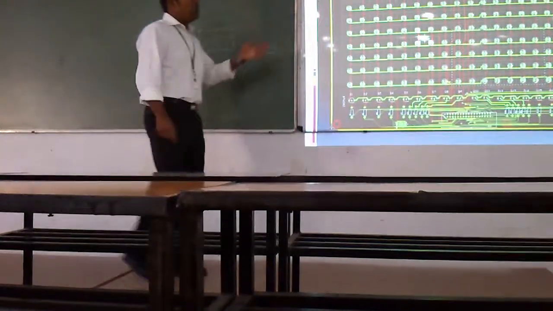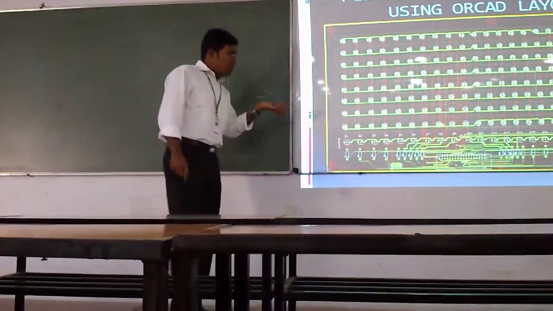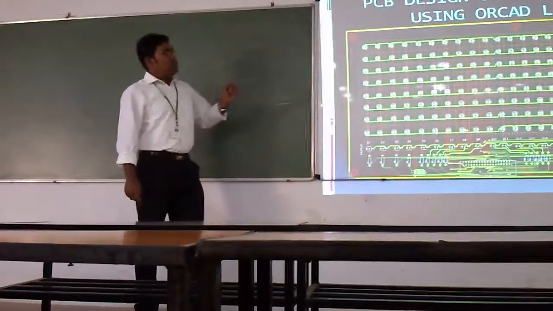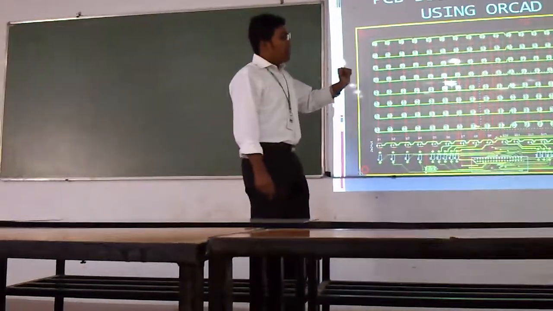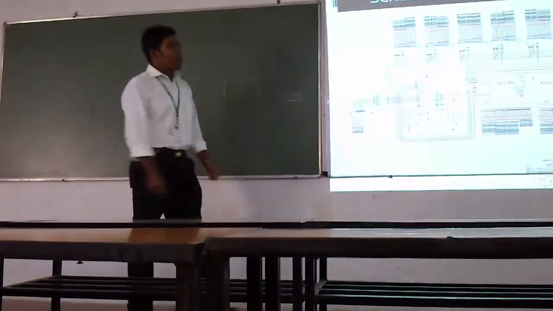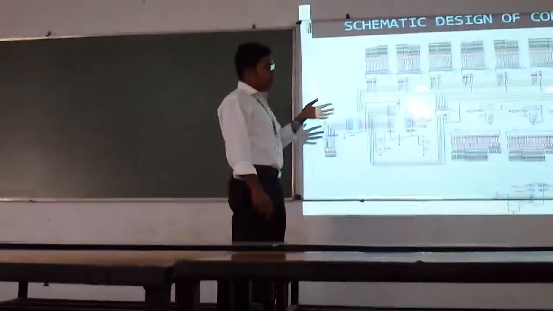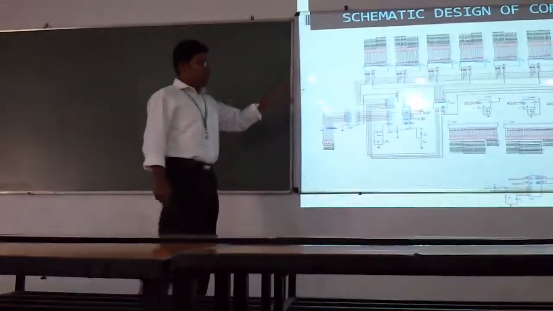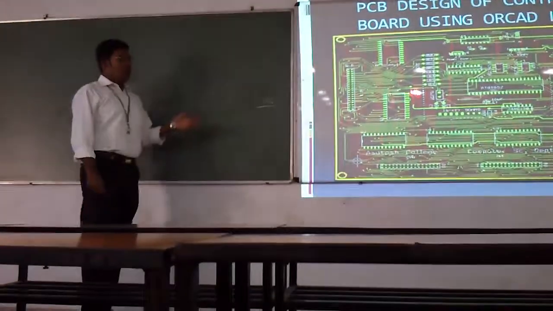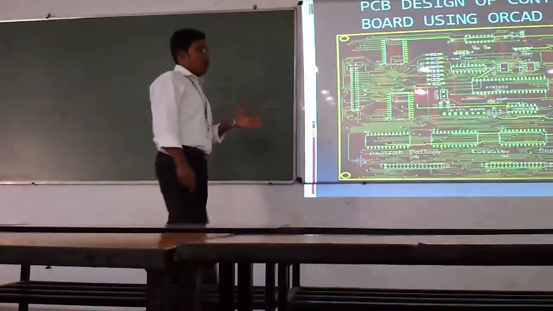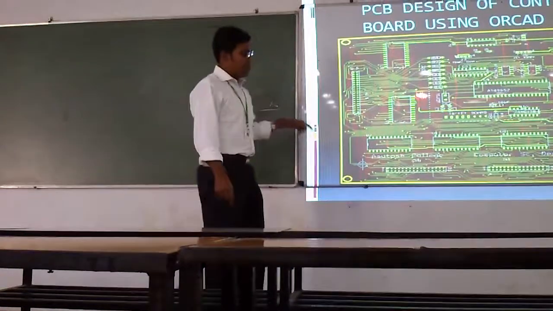Now this is the layout diagram of the display board, which is coming from the OrCAD layout class. And similarly, we can make the schematic diagram of the controller board. And after coming from the OrCAD layout, the schematic diagram design will be like that.